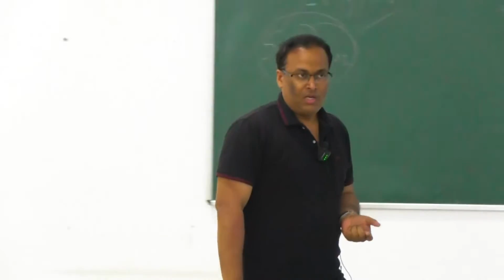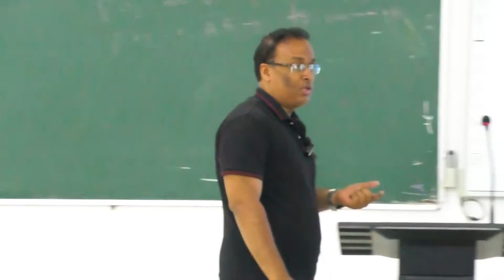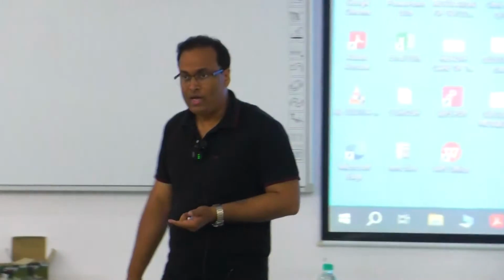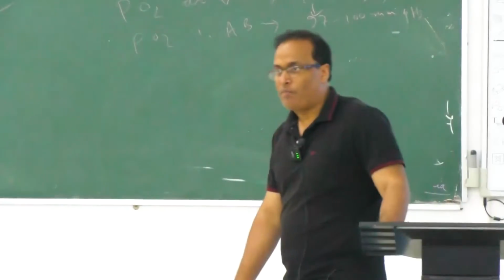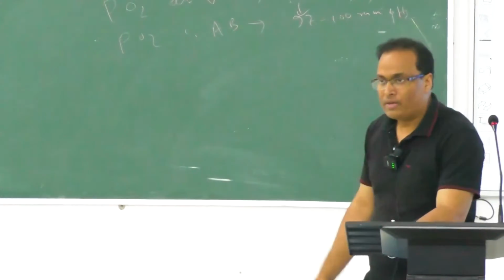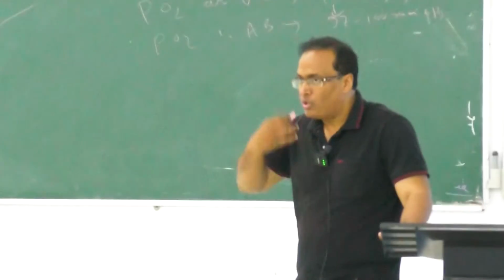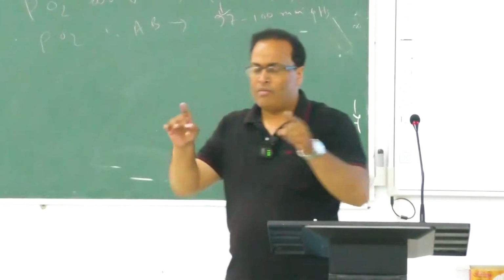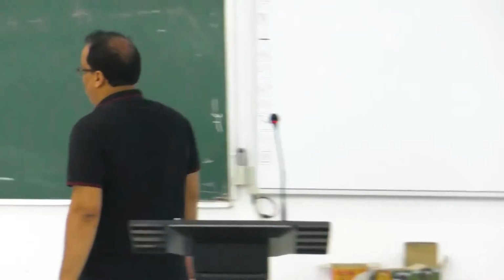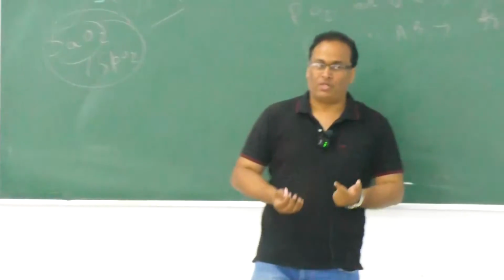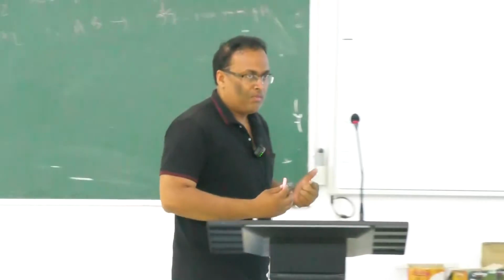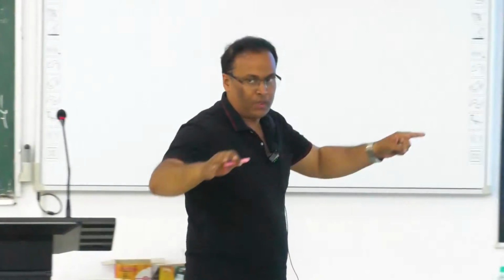I told you before, nitrogen is 597, oxygen 159, carbon dioxide 0.3, then water vapor is also present in this air, that is called 40. The total comes to roughly 760. 760 is the atmospheric pressure, 159 is the partial pressure of oxygen at the atmosphere.